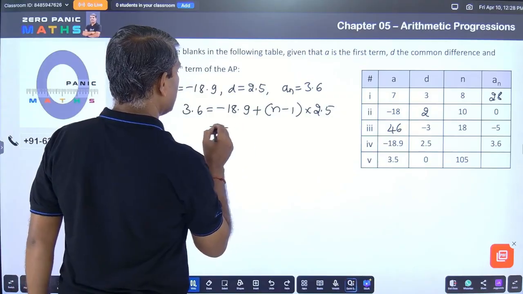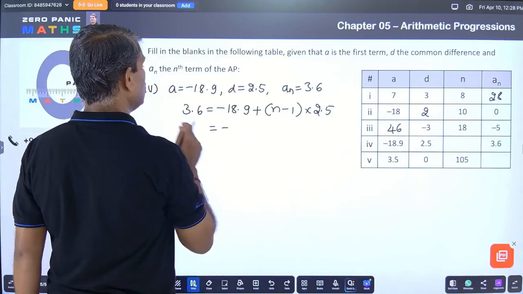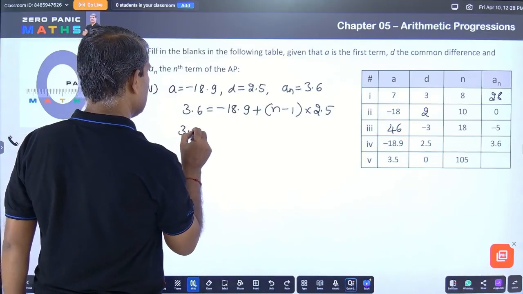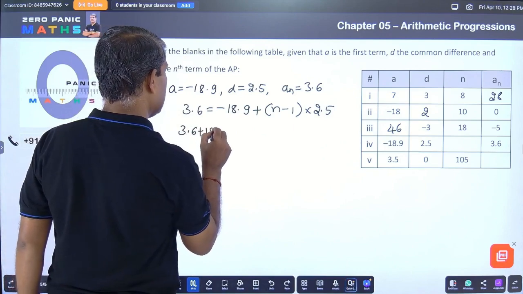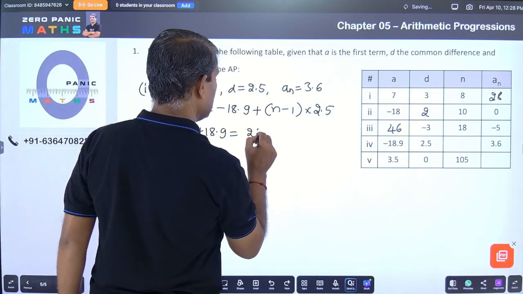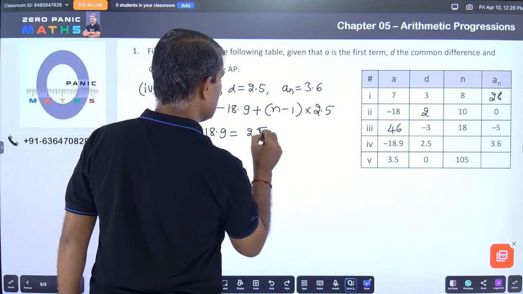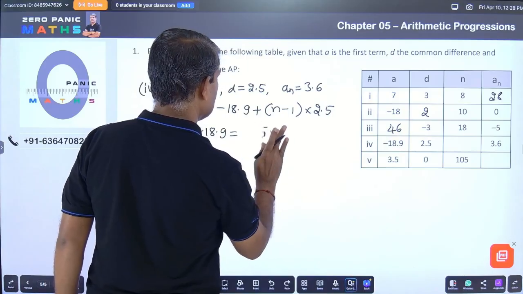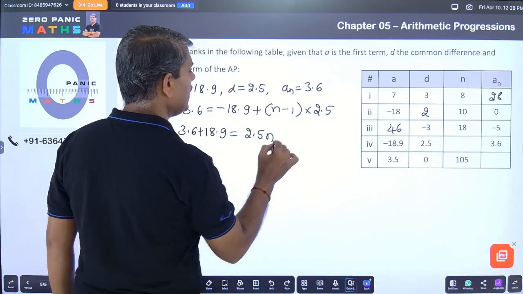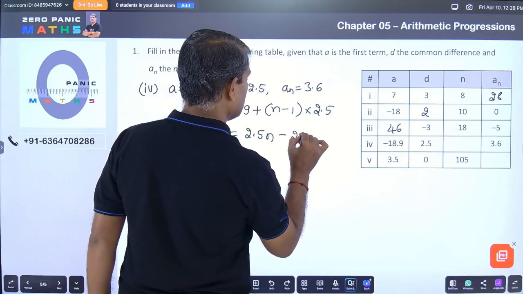Substitute, or else take 18.9 to the left side, and it will be 3.6 plus 18.9 is equal to 2.5n minus 2.5. Let me write it like this again: 2.5n minus 2.5.